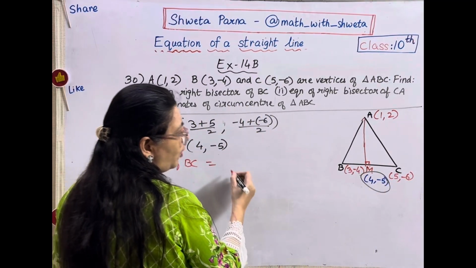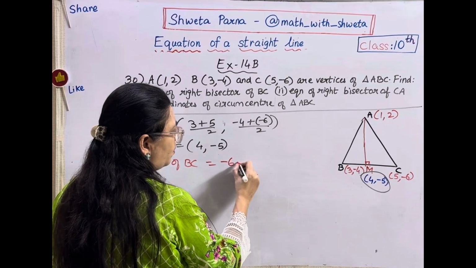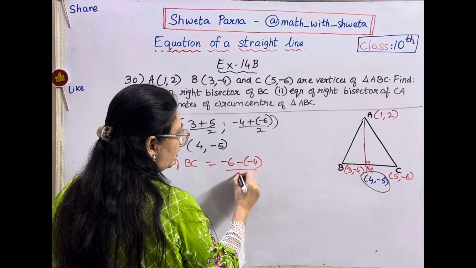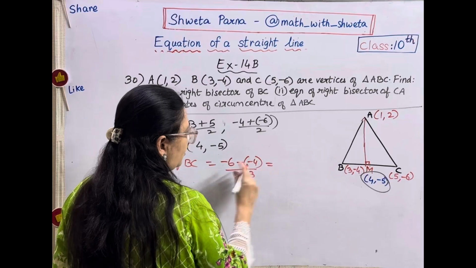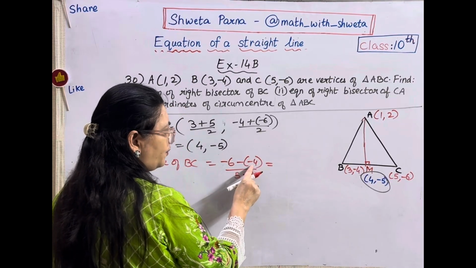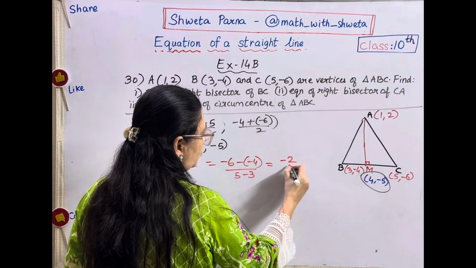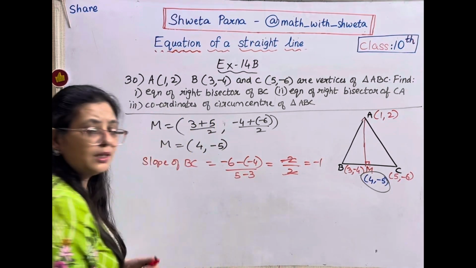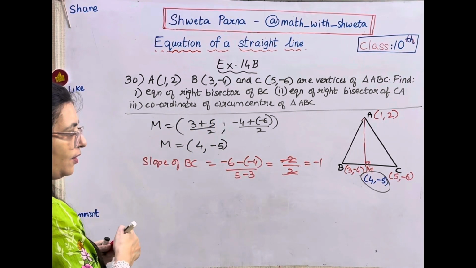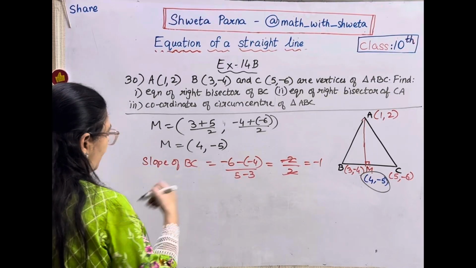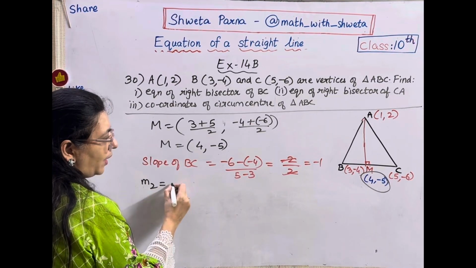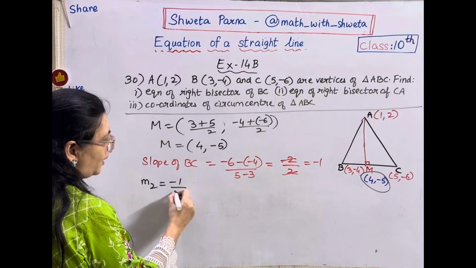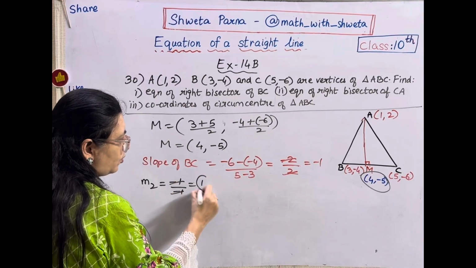Slope of BC would be y2 minus y1 upon x2 minus x1. Minus 6 plus 4 would be minus 2, 5 minus 3 is 2, so the answer is minus 1. This is M1. Now find the value of M2. So M2 would be minus 1 divided by minus 1, which is 1.